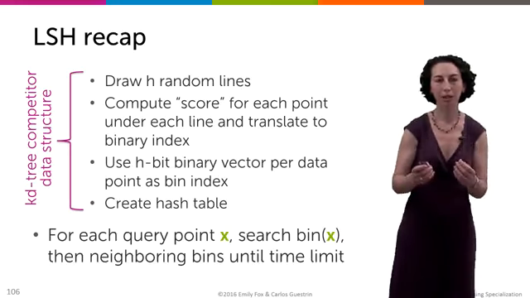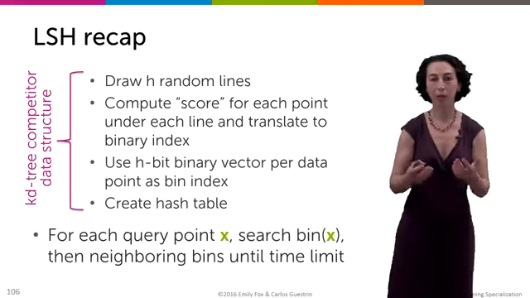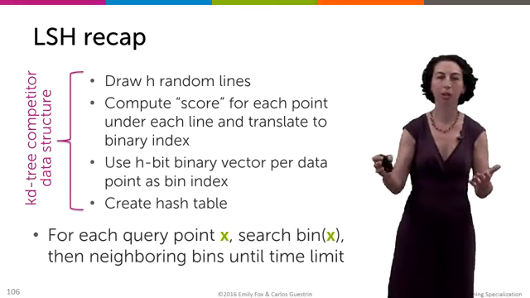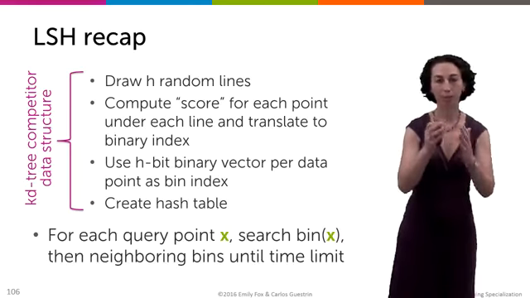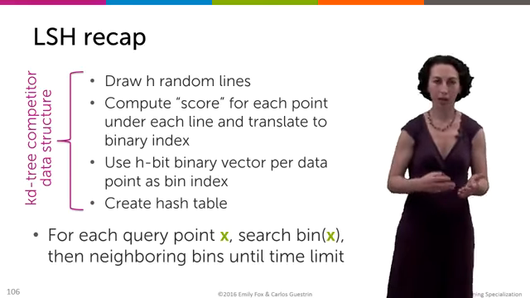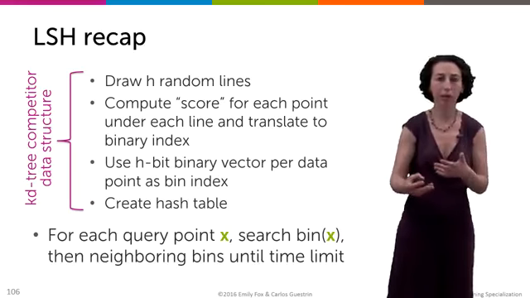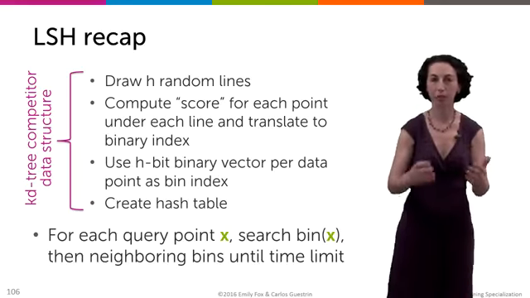And then we use that to encode a bin index, or really that's going to serve as the key in forming a hash table that lists all the data points that have that specific binary vector or bin number. And so this data structure is basically the direct analog of what we did for KD trees. So this is going to be a fixed partitioning of our data points into different bins.